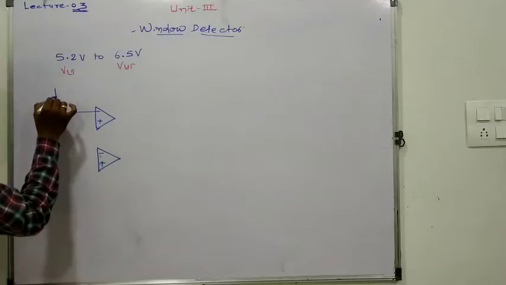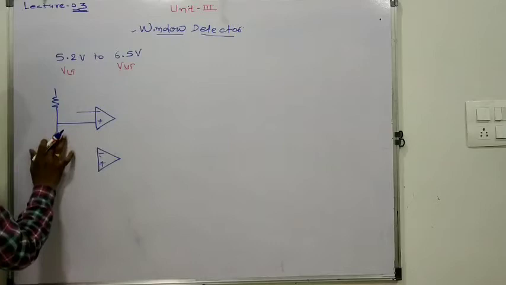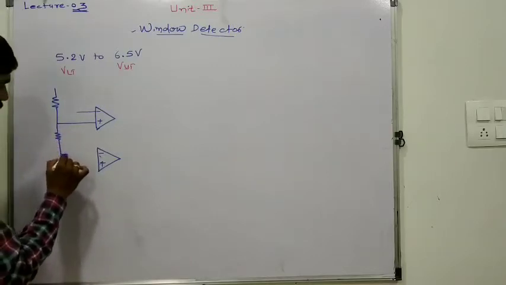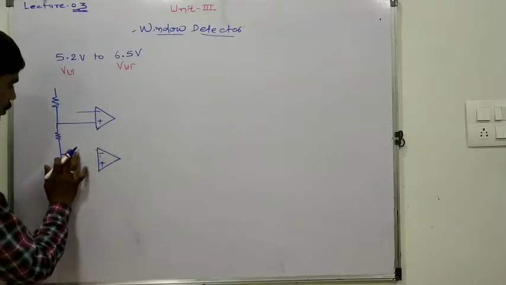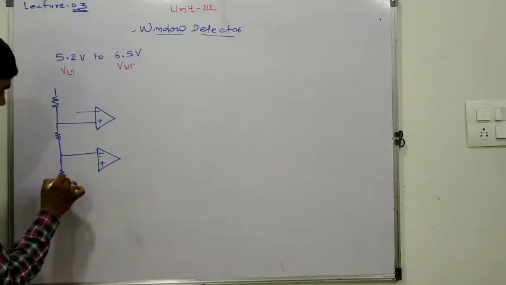And there is one voltage divider circuit which is used to provide a threshold voltage, that is the upper threshold and lower threshold voltage.